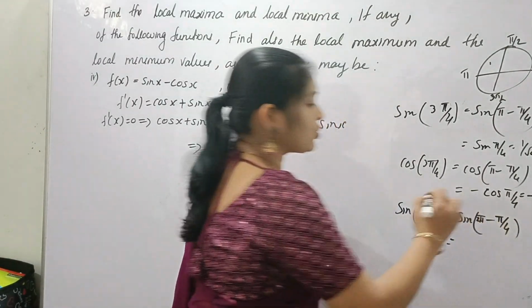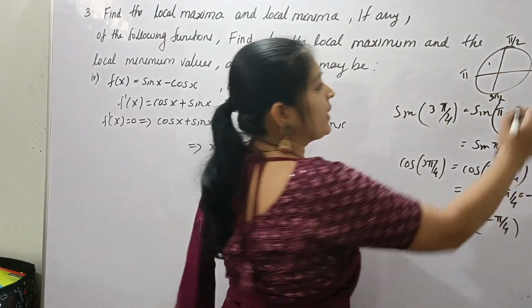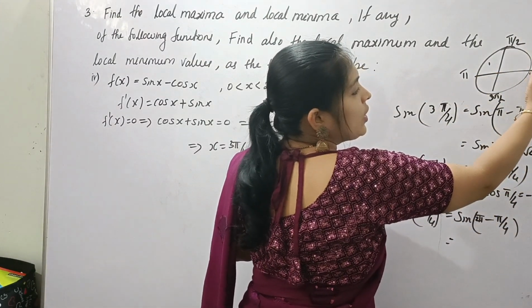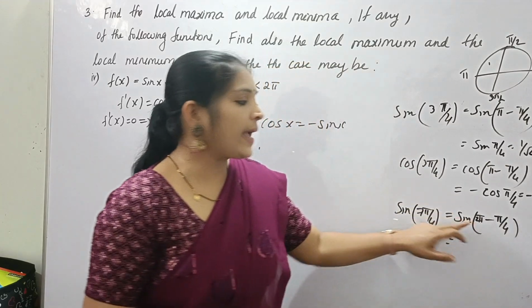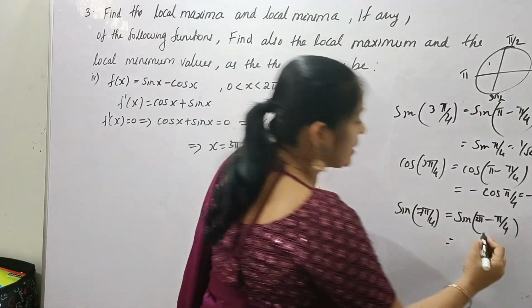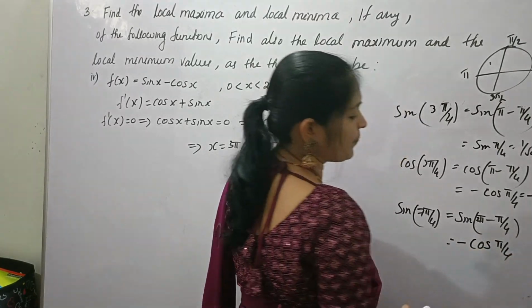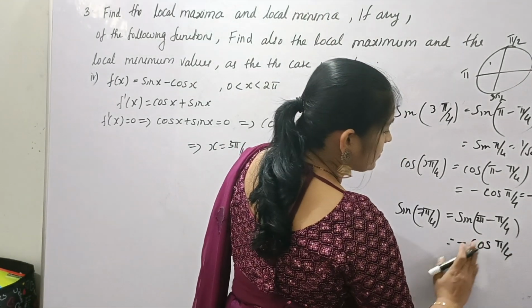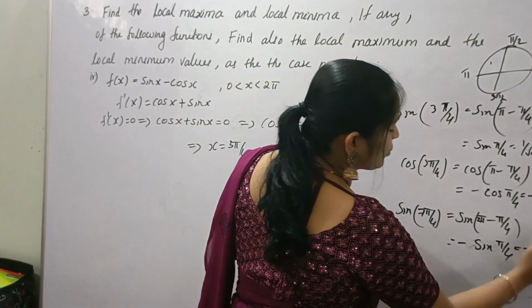So here 2 pi minus means fourth quadrant. In the fourth quadrant sine is negative, right? So here it will be minus sin pi by 4, that is minus 1 by root 2.